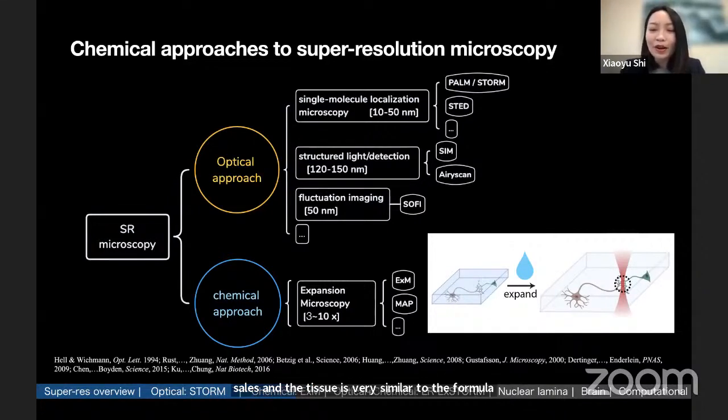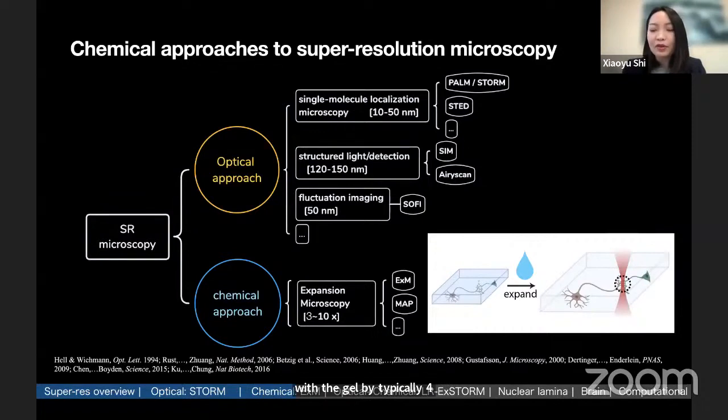So it's a swellable polyacrylamide hydrogel. And we cross-link the proteins, RNA and DNA into the hydrogel scaffolding. After that, by adding water, you can expand the sample together with the gel by typically 4 times and maximally 20 sometimes.